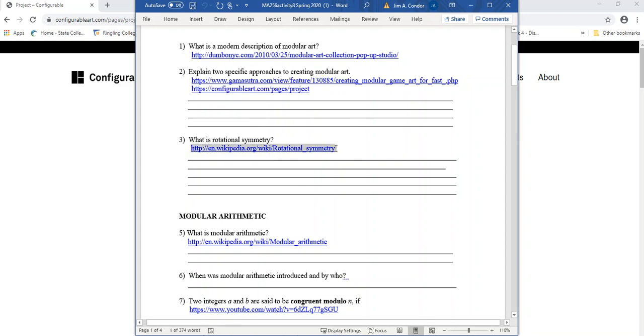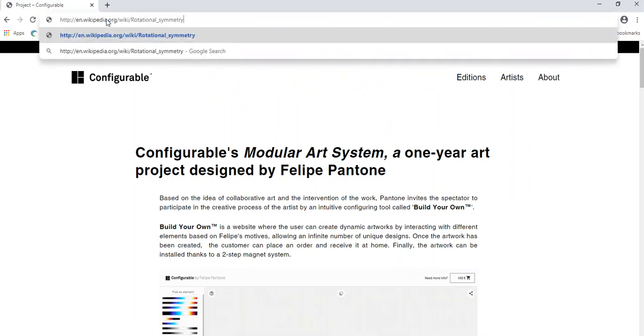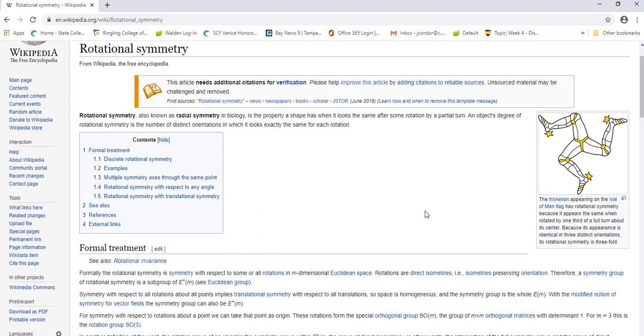So we're going to borrow this idea from mathematics or geometry. We talked about point symmetry and line symmetry and origin symmetry before, and now they're talking about rotational. And it's a fairly simple idea.